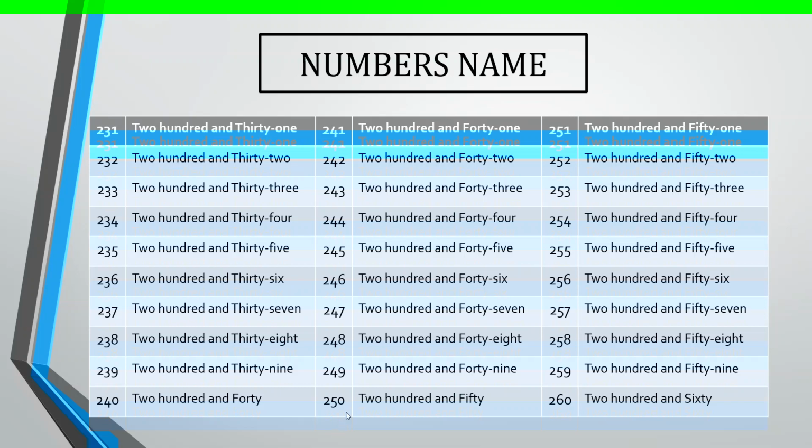You can count the numbers from 241 to 250. Let's begin. You can start the numbers with their spelling. 241, 242, 243, 244, 245, 246, 247, 248, 249, 250.